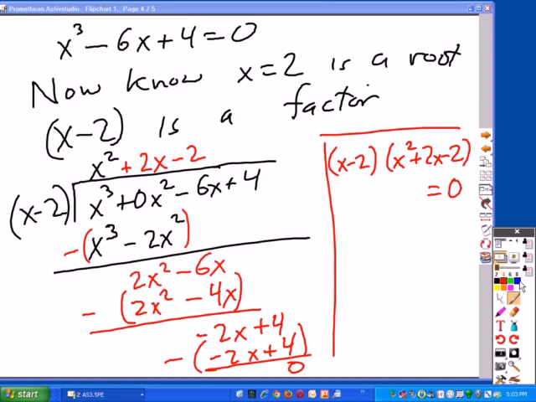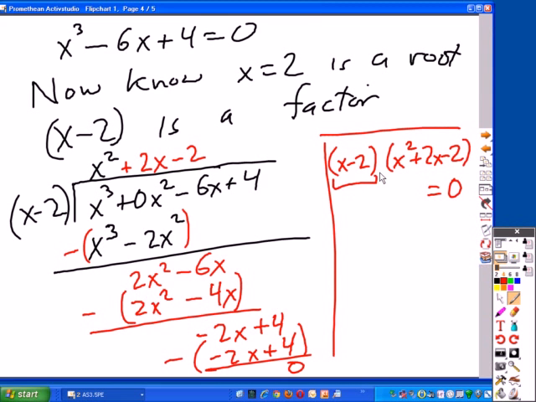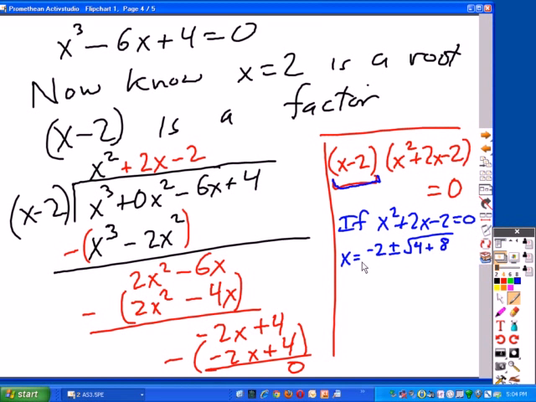That can happen in only two ways. Either x is equal to 2, which is the root we already knew, or x squared plus 2x minus 2 equals 0. Then what we wind up getting is x equals negative 2 plus or minus the square root of 4 plus 8, over 2.